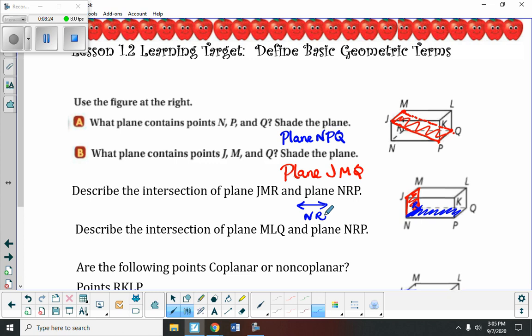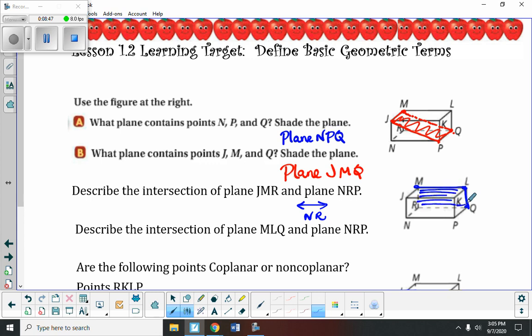The next one says, describe the intersection of plane MLQ. Let me erase. MLQ. Okay, so the plane that would take all 3, it would contain all 3 points would be like the back side here of the box.